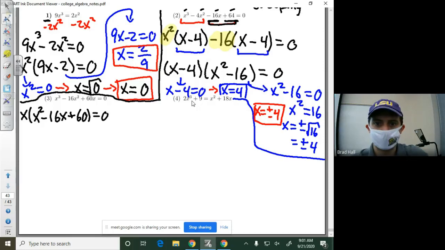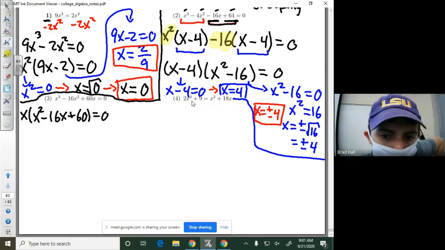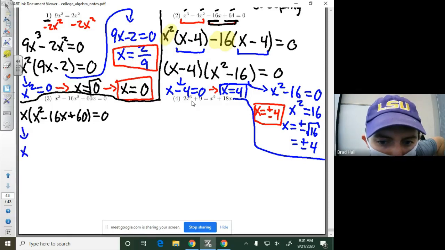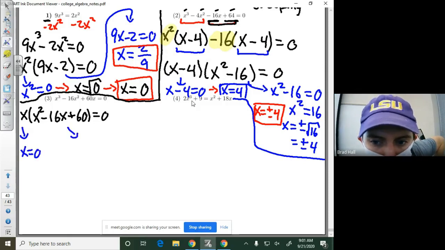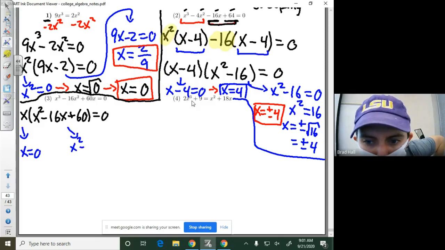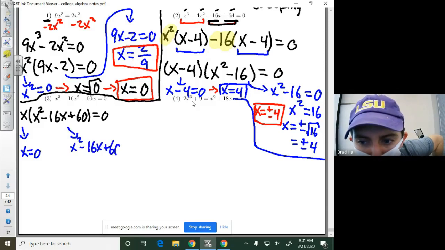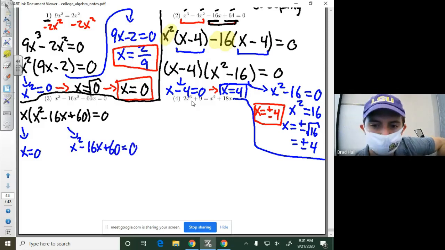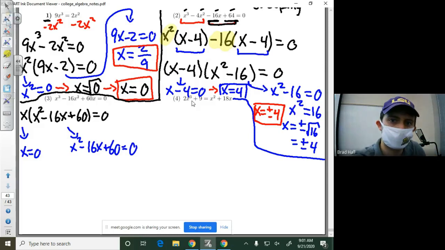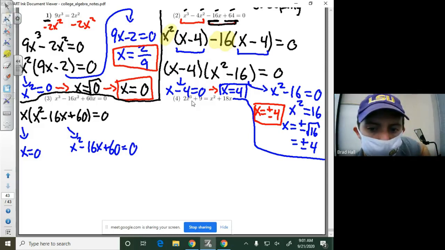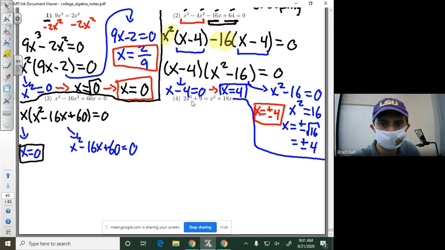And what's great about factoring is this means we can split up. So now x is equal to 0, or x squared minus 16x plus 60 is equal to 0. So one of these solves itself. The other one, we factor it.